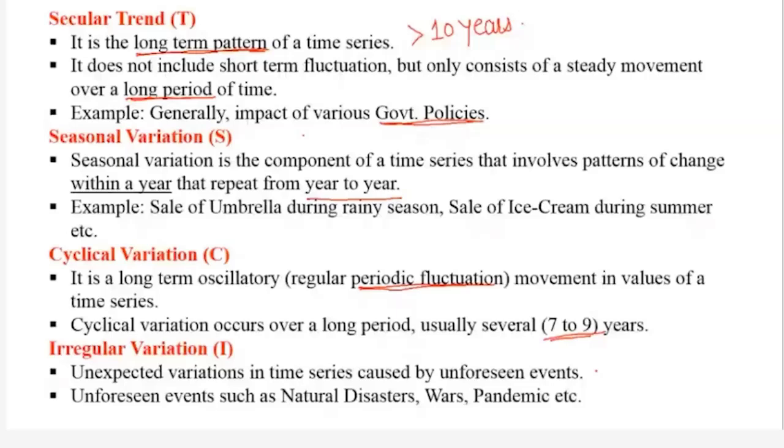These are components of time series. They are denoted by a particular alphabet. Secular trend by T, seasonal by S, cyclic variation by C, and irregular variation by I. And look at this. First one is trend. पहला वाला जो है ना trend है, बाकी सब variations है.